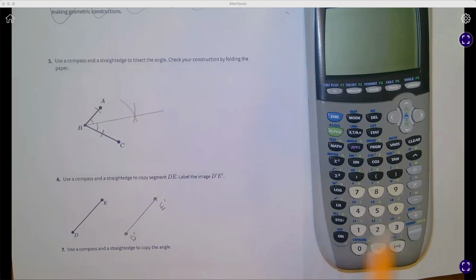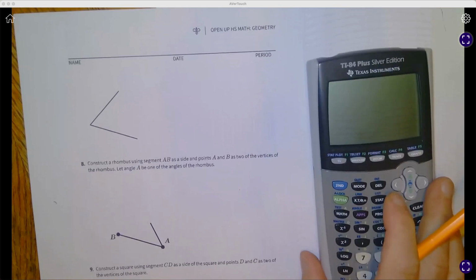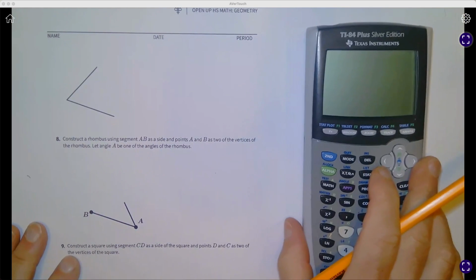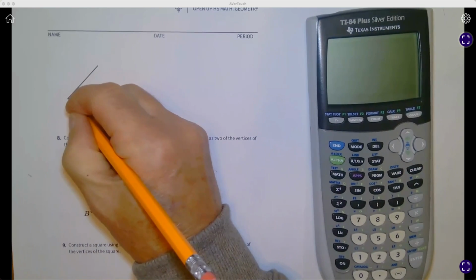All right. So number 7, use a compass and a straight edge to copy the angle. Okay, let's give it a go. Okay, so we need to copy that angle, right, chat? I'm going to go through the same procedures I did on the last one.